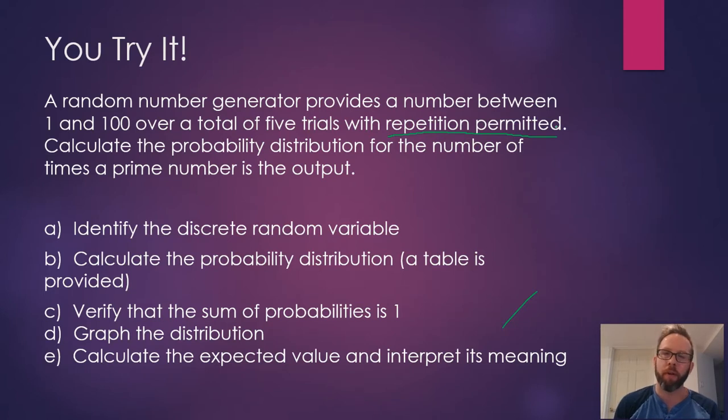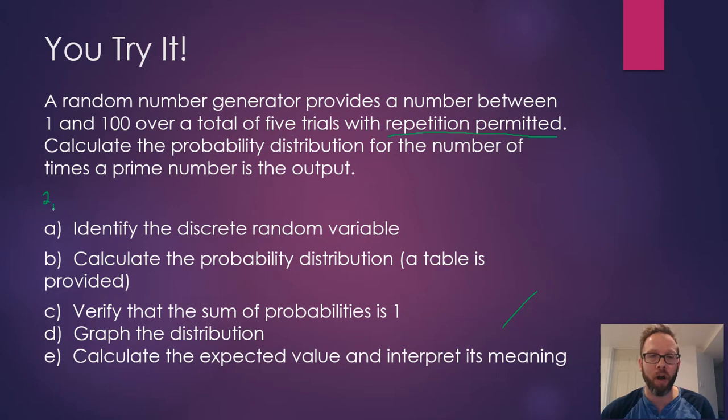We're going to calculate the probability distribution for the number of times a prime number is the output. So I'm going to help you guys out to get this one started. We actually have to know how many prime numbers there are between 1 and 100. This could be a fun exercise for you if you would like to pause the video and give it a try. But let's actually just list all the primes.